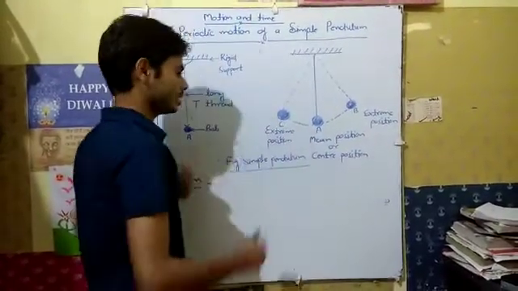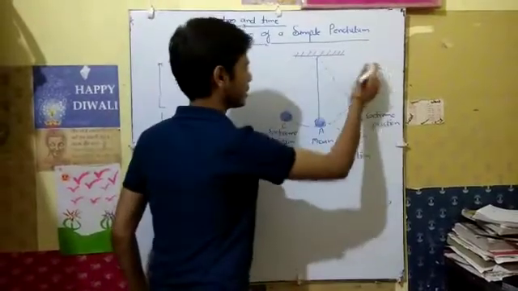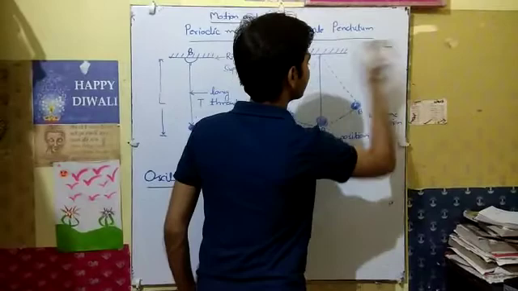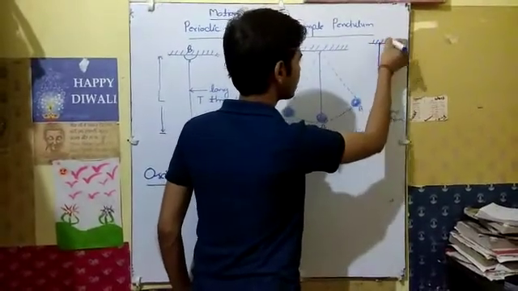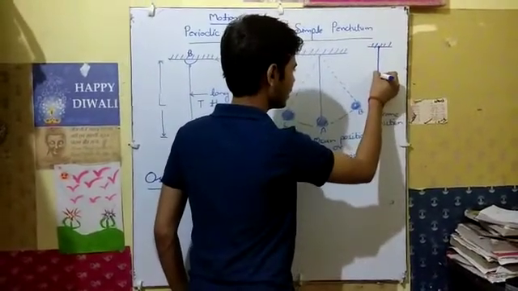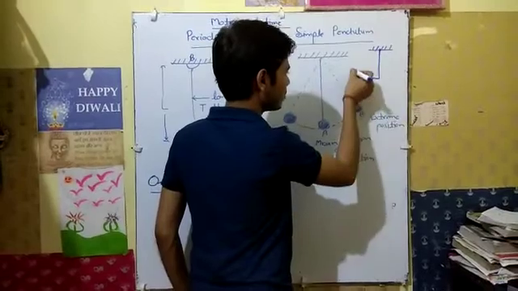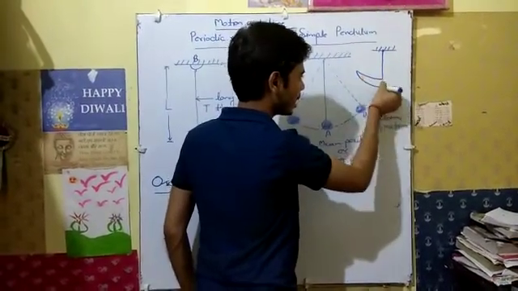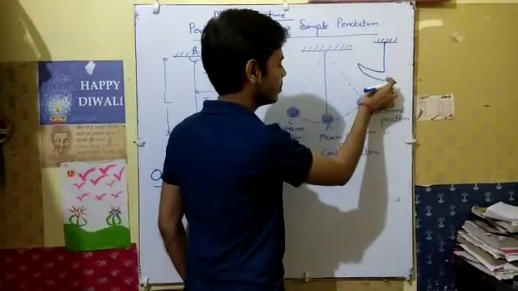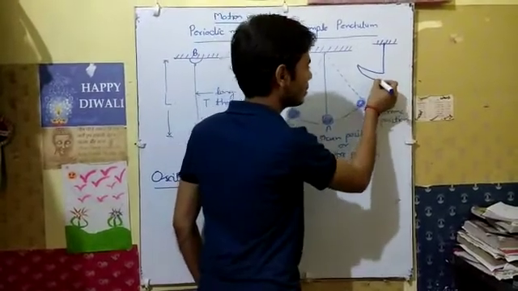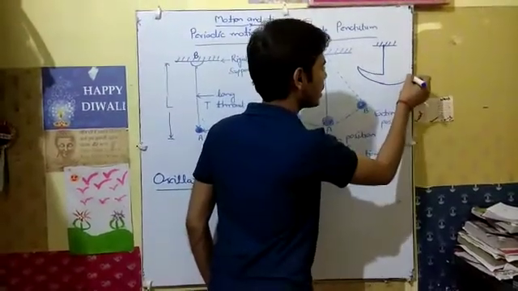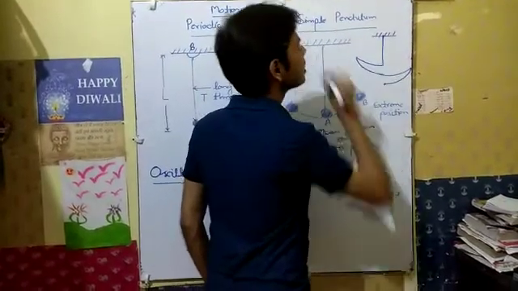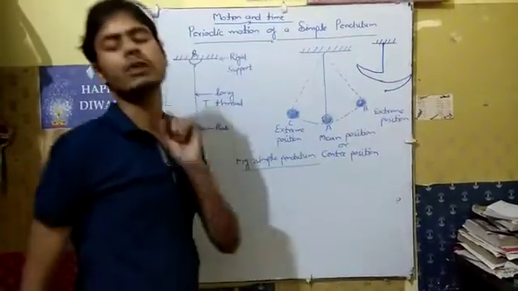We draw another figure here. Suppose it is hung from a rigid support, and the bob goes from its initial position to the extreme position, back to the mean position, then to the extreme position and back to the mean position. Then it is known as one oscillation.